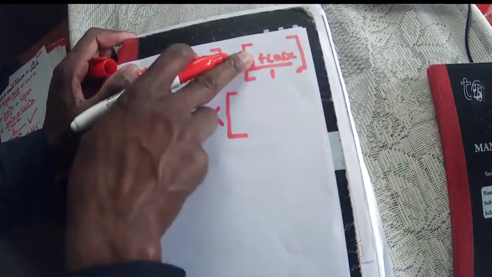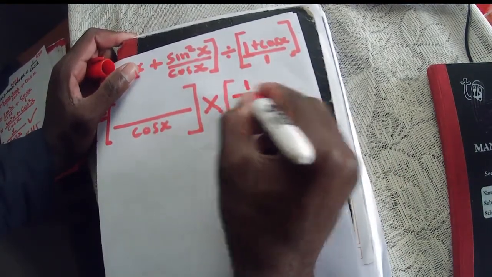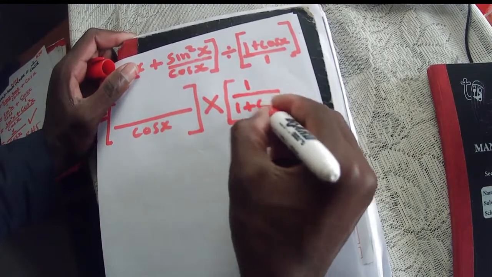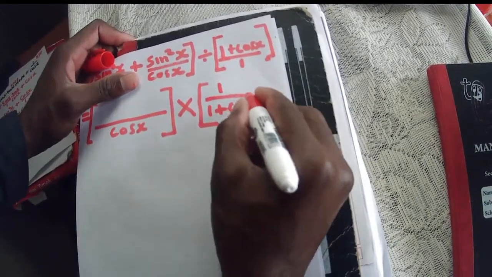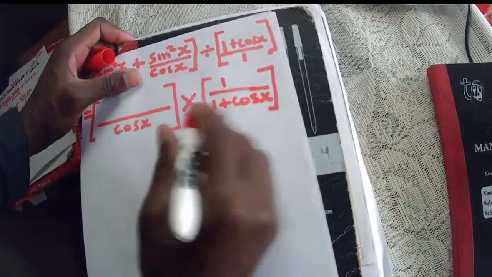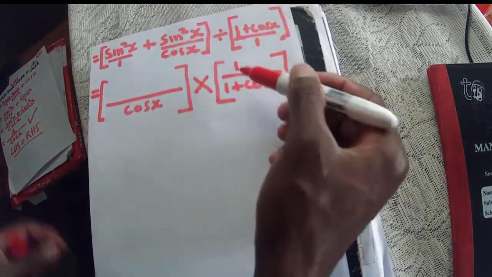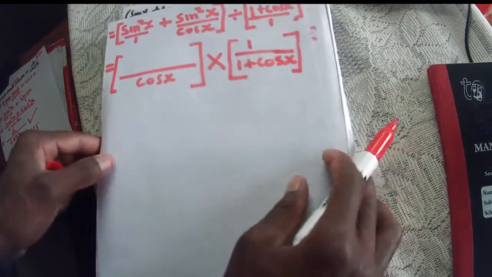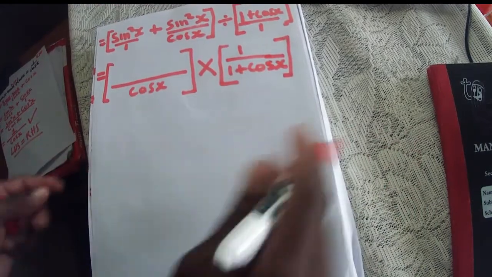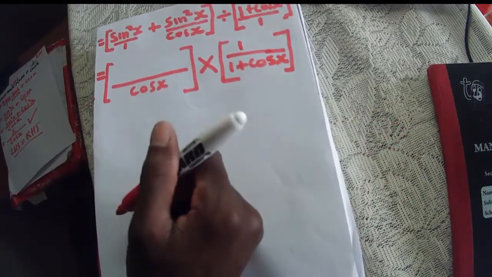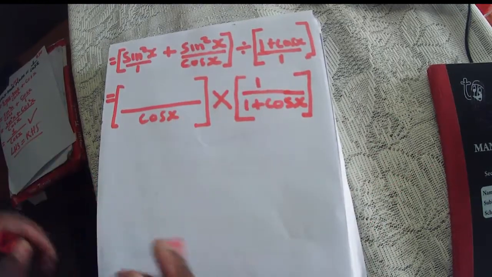You have to write the reciprocal. So the 1 becomes the numerator, and the 1 plus cos x becomes the denominator. You have to know that when you change a division into a multiplication, you also change the position of the fraction. The numerator becomes the denominator, and the denominator becomes the numerator. I hope you guys are not confused by that.